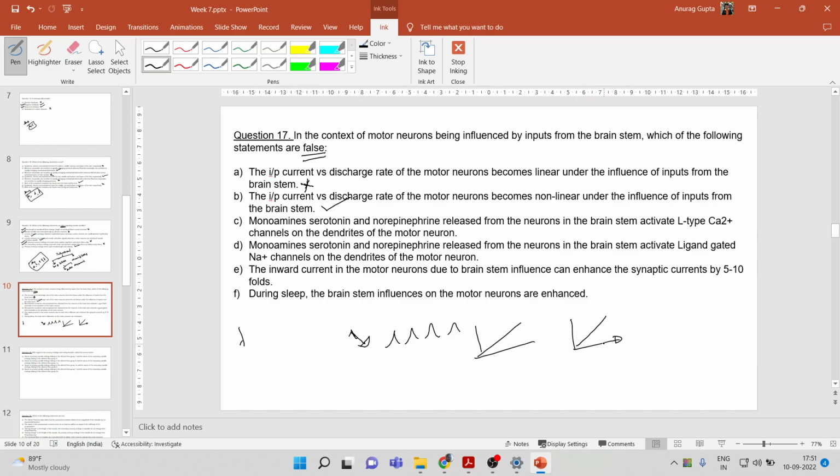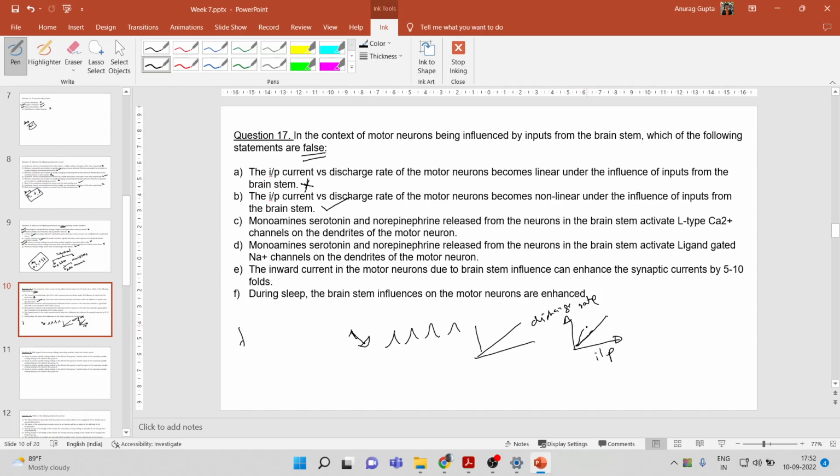So let us just consider this as the input current, and let us consider this as the discharge rate. Under normal circumstances, the more the input current, the more is the discharge rate in the motor neuron. But under the influence of these monoaminergic inputs, this linear relationship is not there.